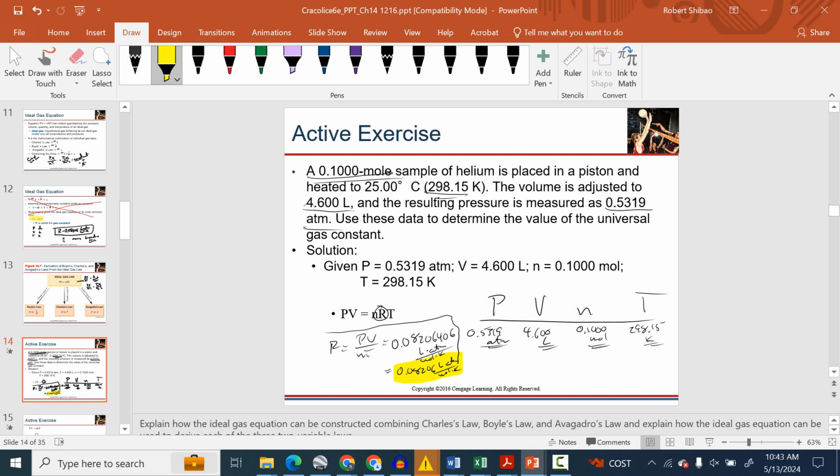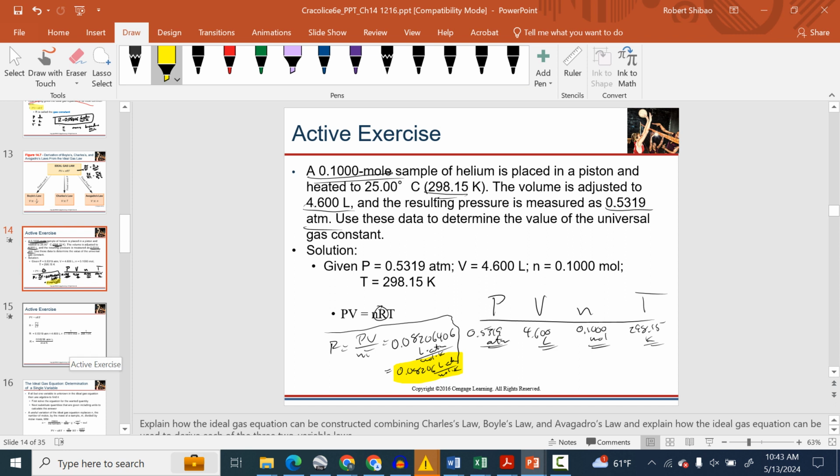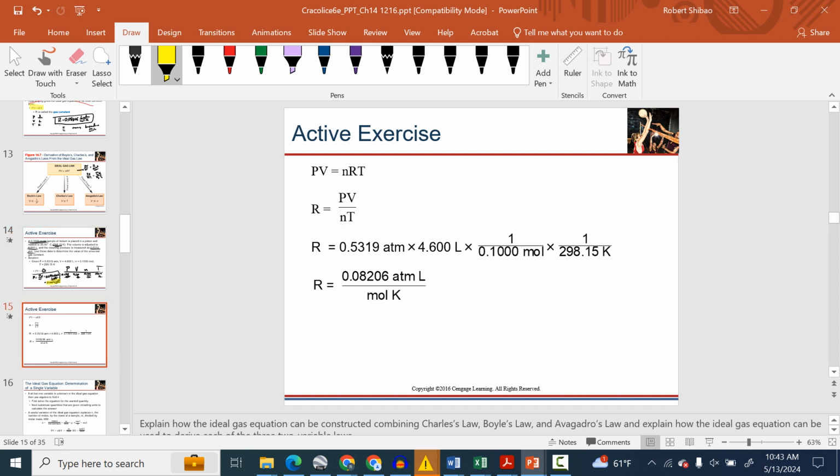So it's not that hard: 8206 for 4 sig figs. Save yourself some unlearning and relearning it. So they got 0.08206 liters atmospheres per mole Kelvin. The order doesn't matter.